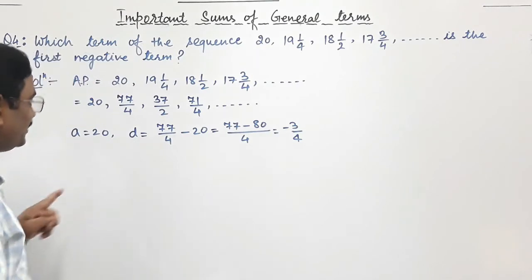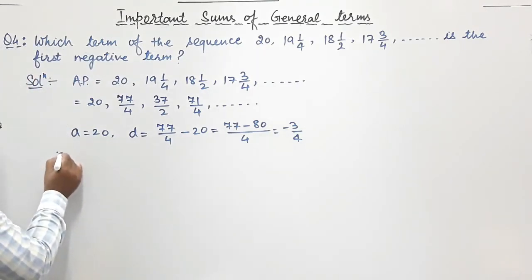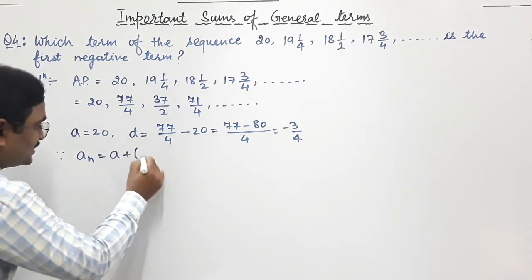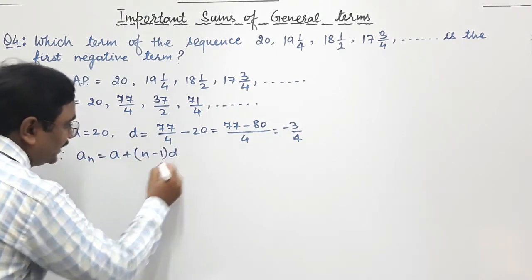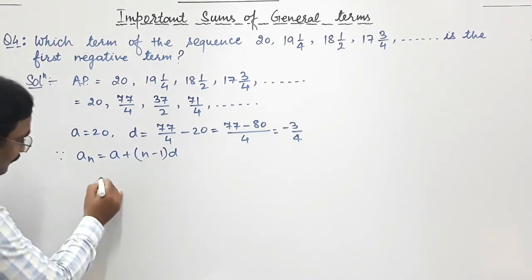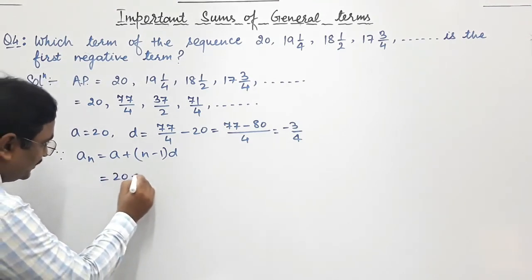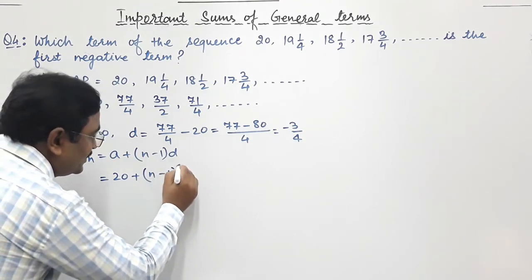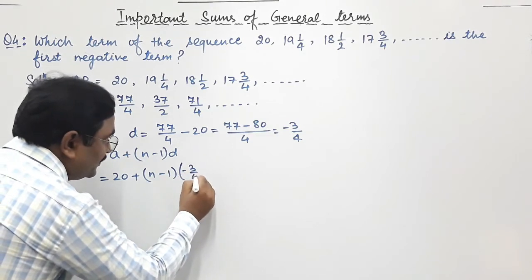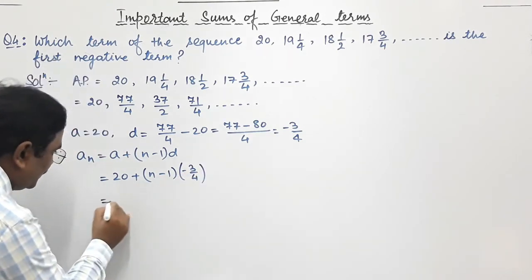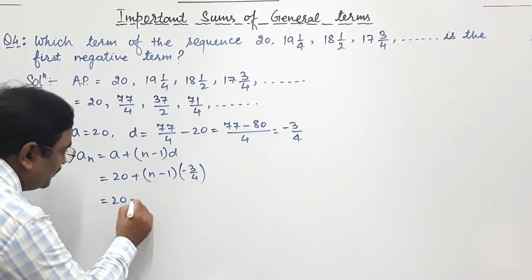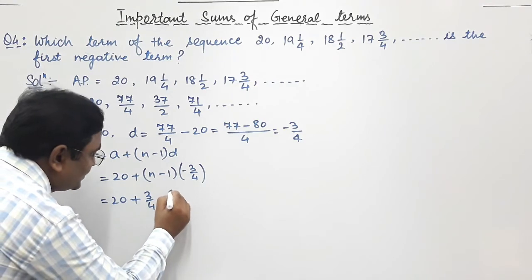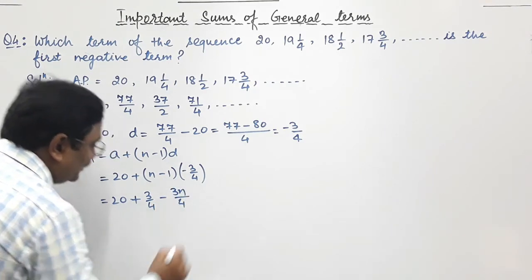So to find the general term we have to find its nth term, which is an. That is equal to a plus n minus 1 into d. Substitute the value of a and d in this. a is 20 plus n minus 1 into d, which is minus 3 by 4. Let us simplify it. 20 plus 3 by 4 minus 3n upon 4.